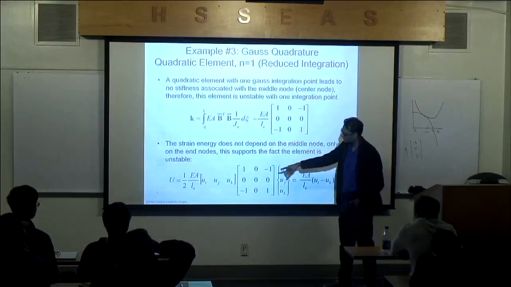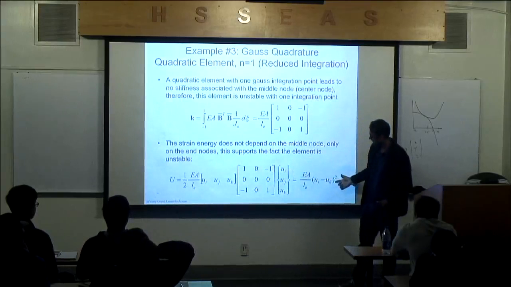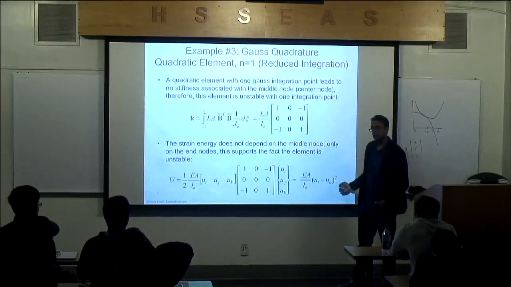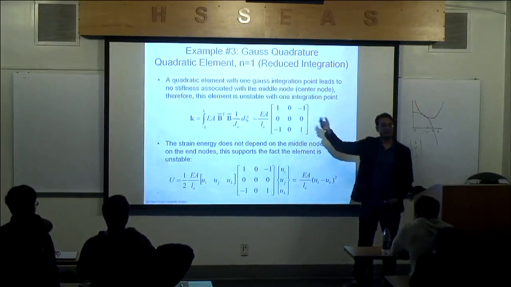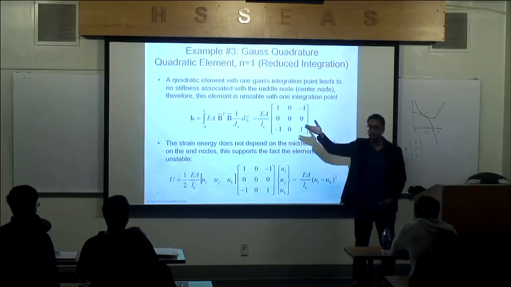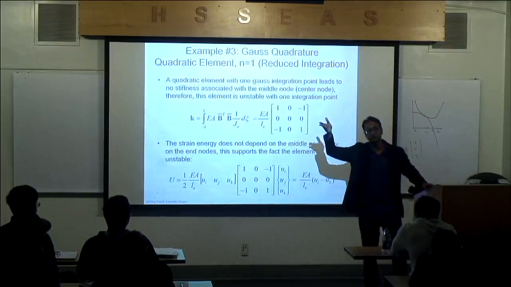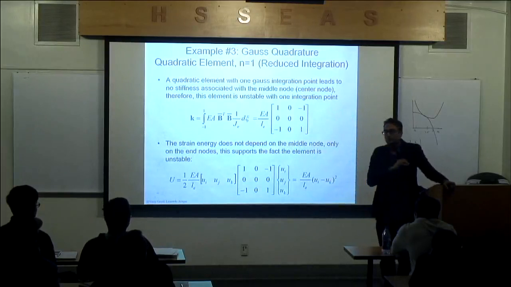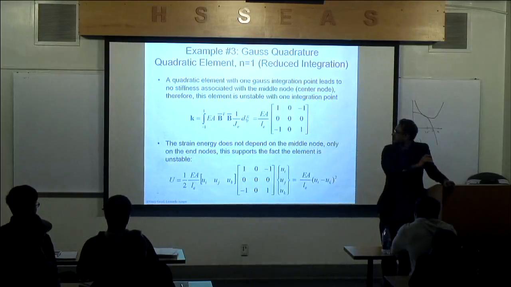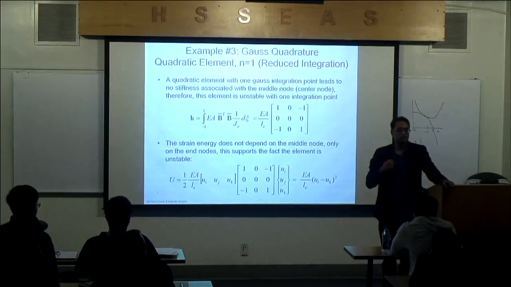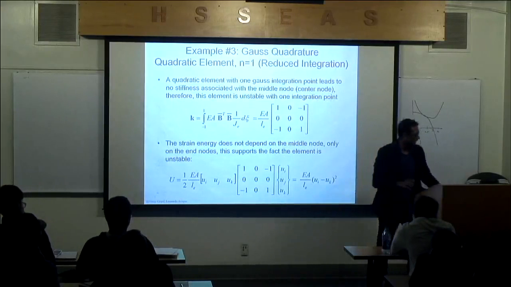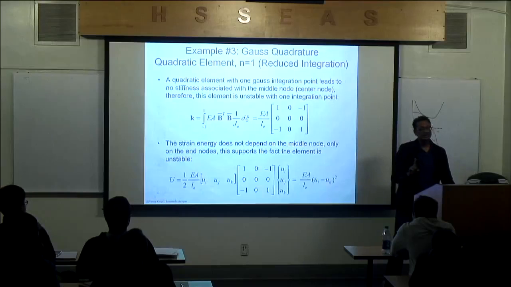If I calculate the strain energy for this element, I get just the contribution of the first node and the last node. The middle node is just hanging out there. I don't even know how to solve for it. So the point I want to make is that reduced integration, using fewer integration points, can in some cases hurt you. You will see later on that it can actually help you in some cases also. All right, that's my last note.